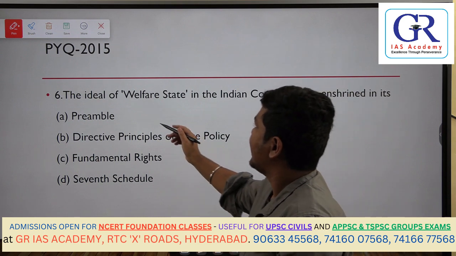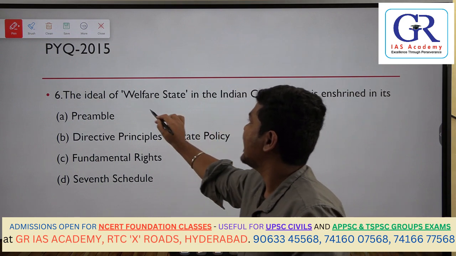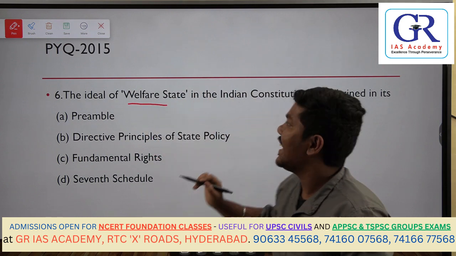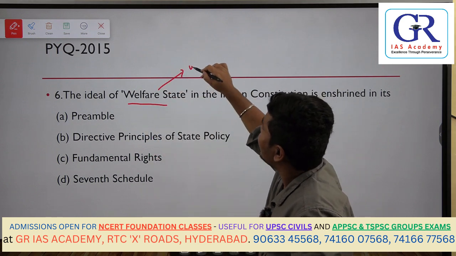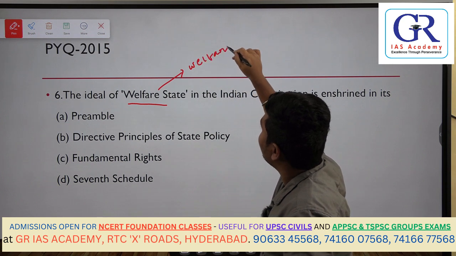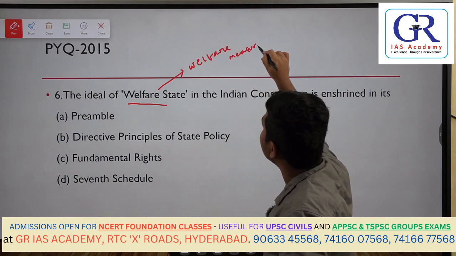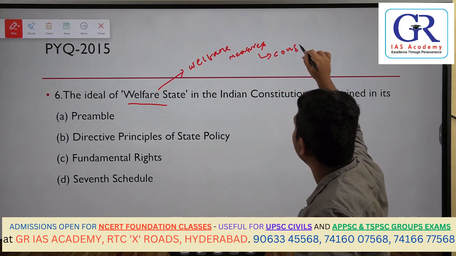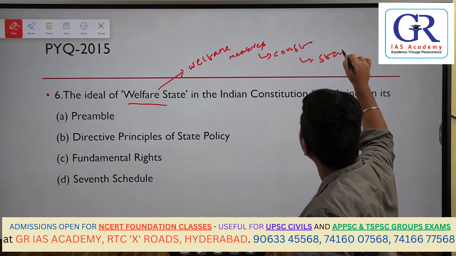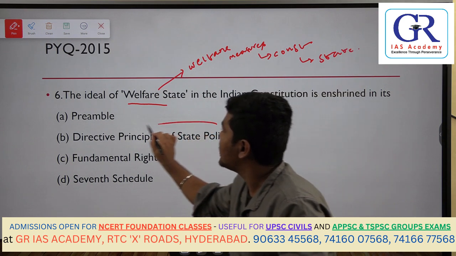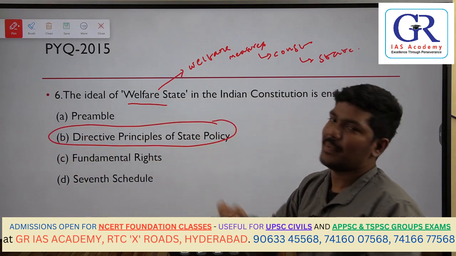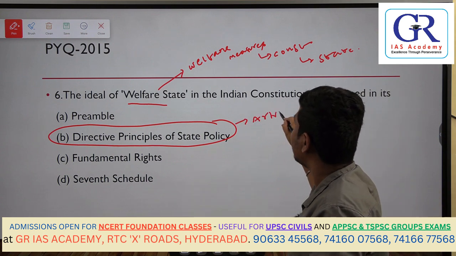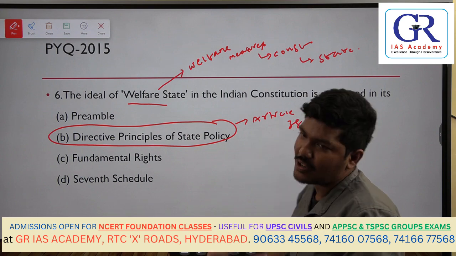7th schedule, okay. Fundamental rights, okay. Fine. So, welfare measures generally are nothing but the directions which are issued by the constitution to the state, or basically the government, and they are all mentioned in the directive principles of state policy, particularly in Article 38 of the constitution.